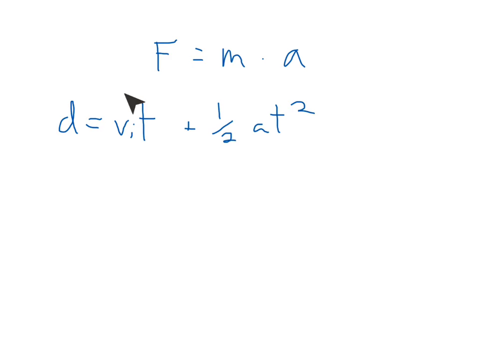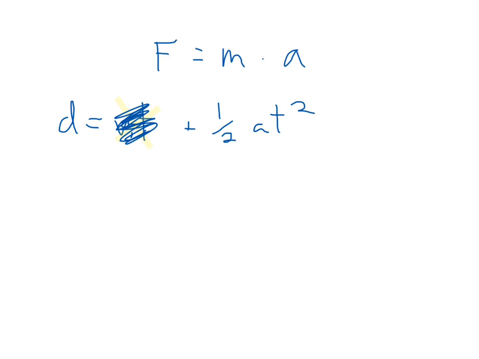But what about v_i times t? Well, it says in the problem that the race car is starting from rest. So the initial velocity would be 0, and 0 times t would just still be 0. So we're not concerned with that. We can just cross that out. Let's scribble it. It's gone.